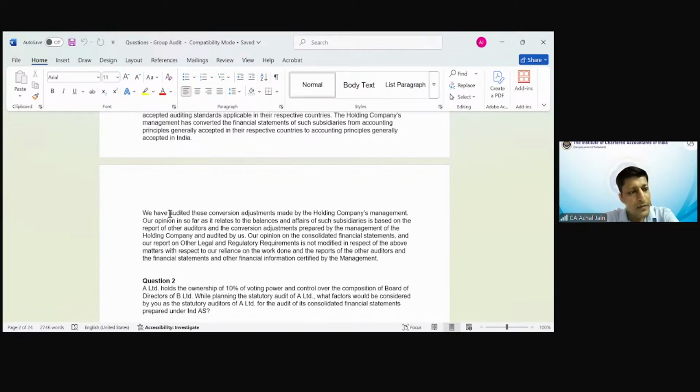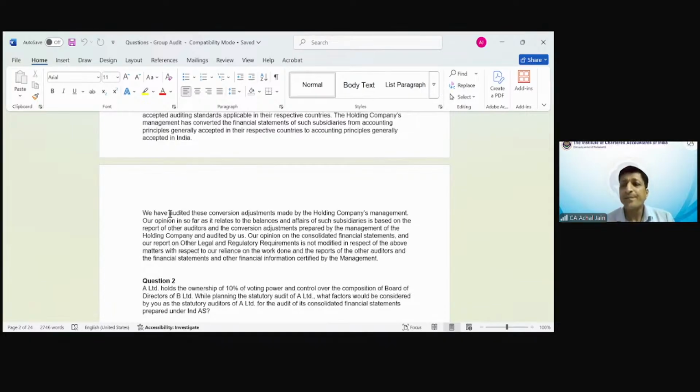Then the alignment of the reporting period if it is more than 3 months. Then elimination of intercompany transactions. These things we need to consider, sir. Correct. So that will be some of the procedures you will perform in relation to the audit of CFS. But what else? I think there are some more important considerations as far as audit is concerned, considering this particular situation.